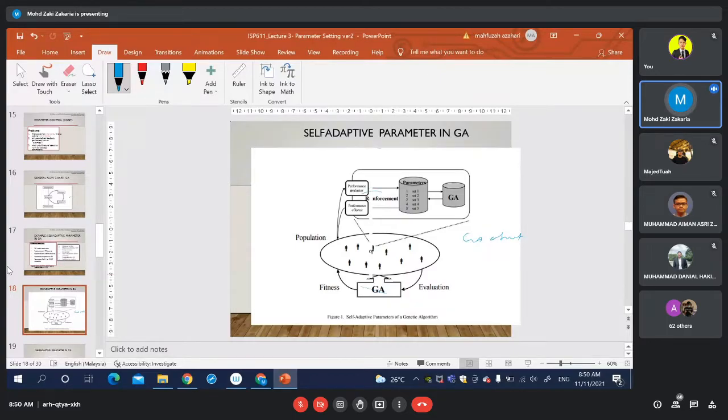Using reinforcement learning here. Then this is the parameter. To set the parameter, we use the first GA here, and another GA here to evaluate the number of population.